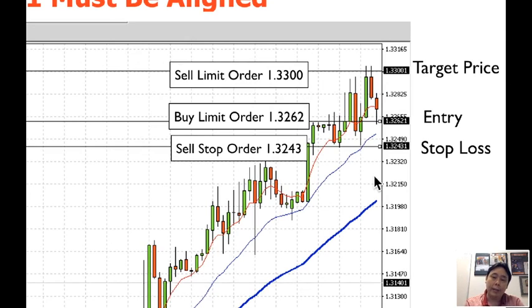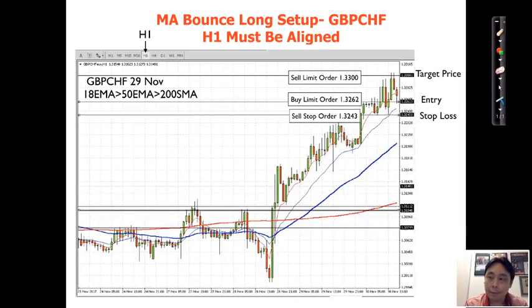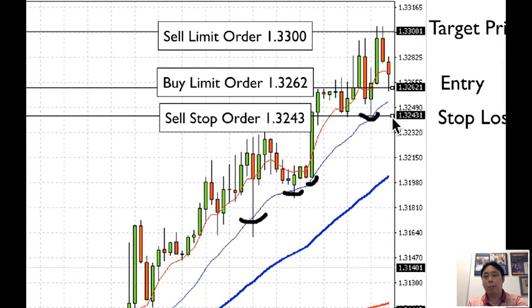And on the H1 candles, the 18 EMA has proven to be a strong support as well. Can you see? It was a strong support here. Support, support, support, support. Because my stop loss is below this support, it also gives me added confidence that it will not hit my stop loss that easily.